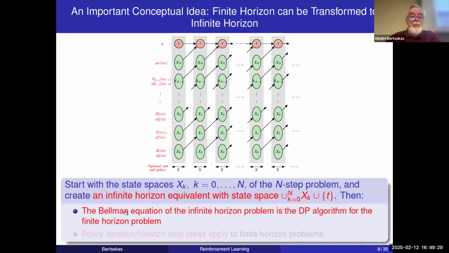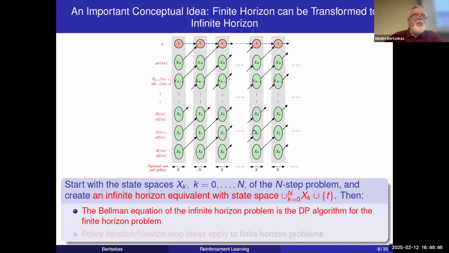And if you look at the Bellman equation of this infinite horizon problem, it is exactly the same as the dynamic programming algorithm for a finite horizon problem. Write it down, take into account the special structure of these transitions, you'll see that they are exactly the same.